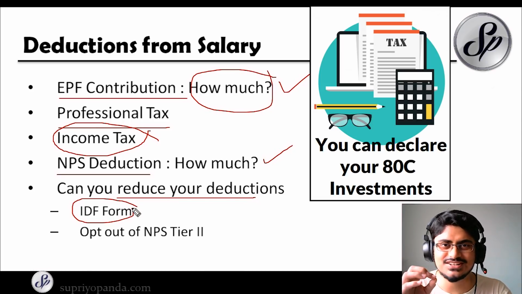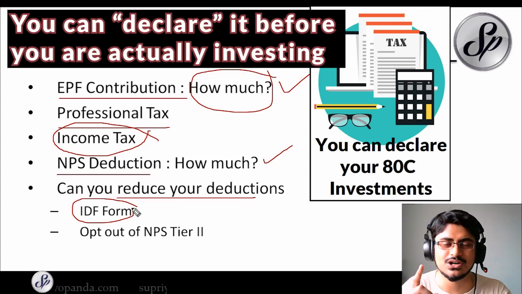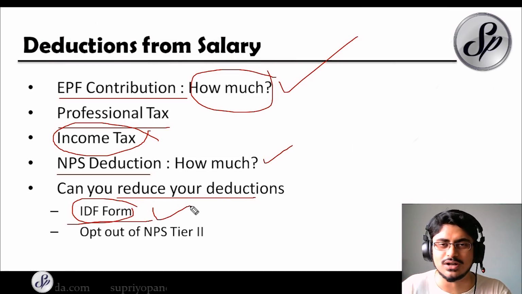Now the most interesting thing is that you can just go and fill up your IDF form without even making all of these investments, but just remember that by March 31st you must have made all of these contributions. So I will give you an advice. This IDF form, you can do one thing, just go to the PPF section of the IDF form, put 1.5 lakhs over there, because then your ATC quota will be fulfilled.